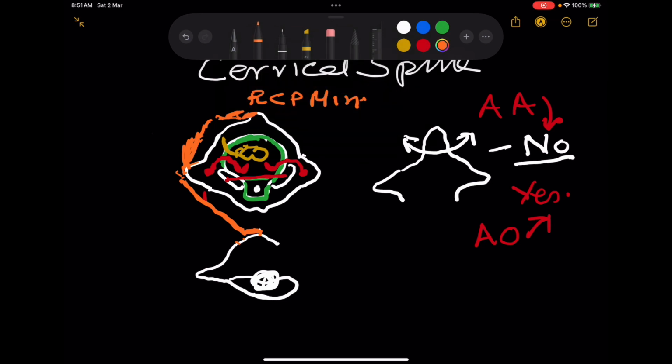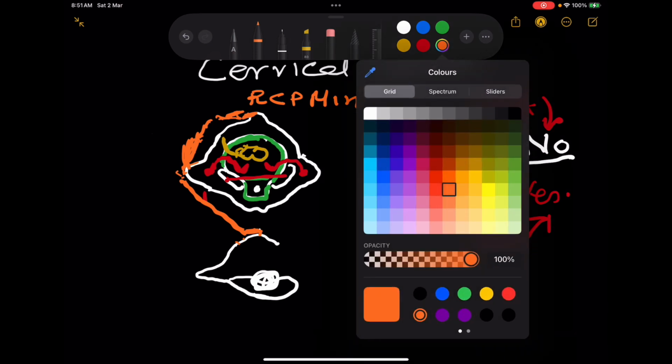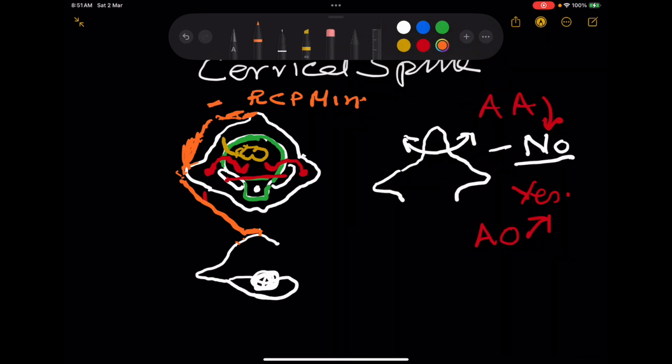Its roof is formed by three muscles: semispinalis, splenius, and longissimus capitis. And on this side lies the trapezius, and on this side the occipital head of sternocleidomastoid.